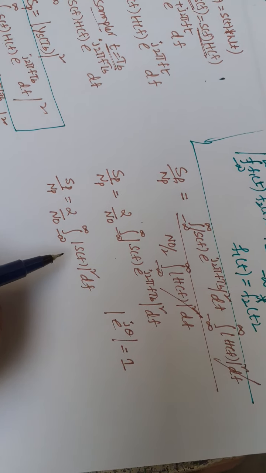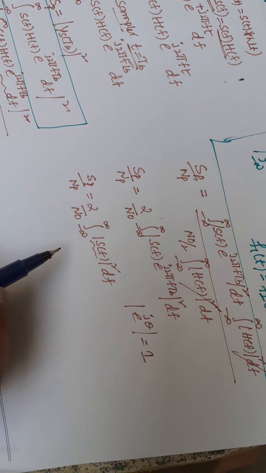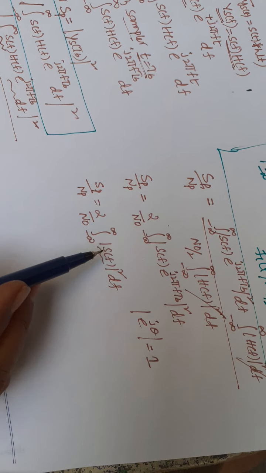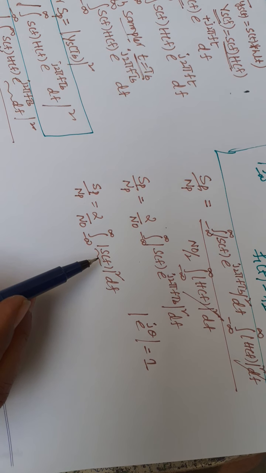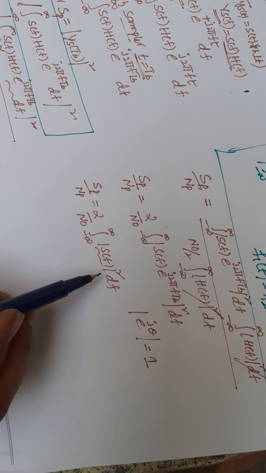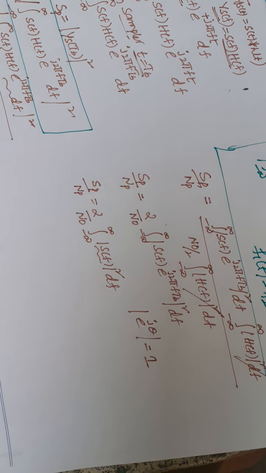Now this S(f) is a signal, and the area under the square of the Fourier transform is the energy of the signal.